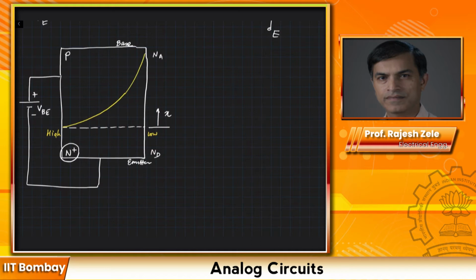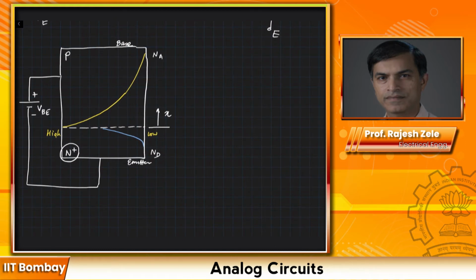Similarly, there will be holes. The majority carriers in the P region, the base region, will also diffuse into the emitter region. And this would be our holes diffusing over here.